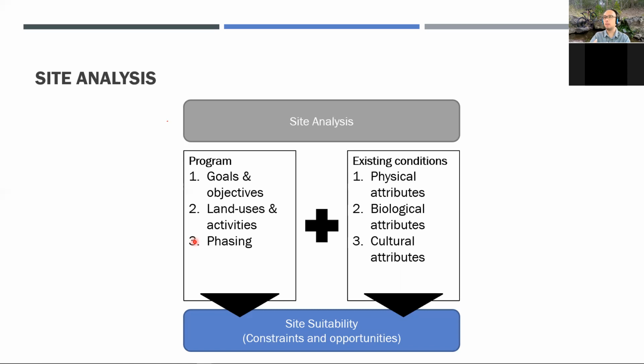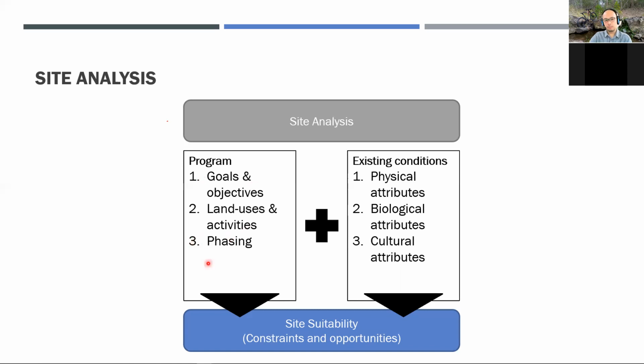So maybe in stage one of an industrial development, you will build one area, and then you will continue to sprawl as the development progresses. Or maybe when you're building a residential cluster, you might construct certain clusters at first, and then put them all together, and so on.